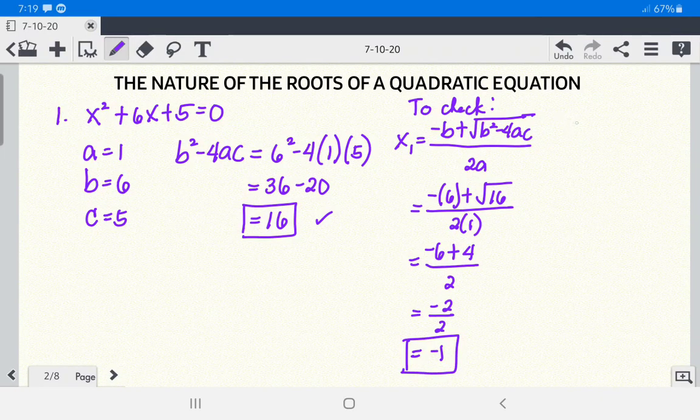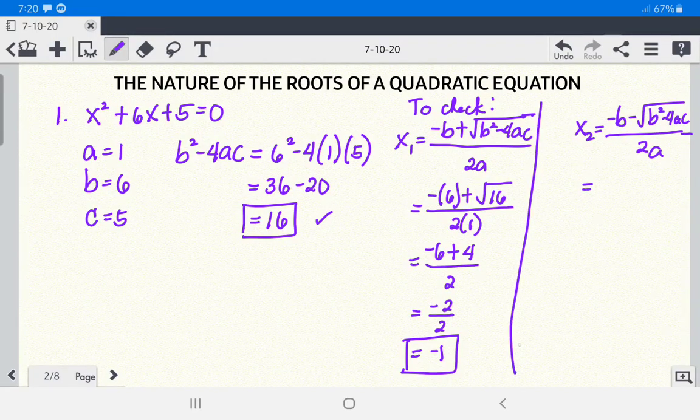Next, x sub 2 is equal to negative b minus square root of b squared minus 4ac over 2a. So this is equal to negative 6 minus square root of 16, since b squared minus 4ac, the discriminant, is 16, over 2 times 1.